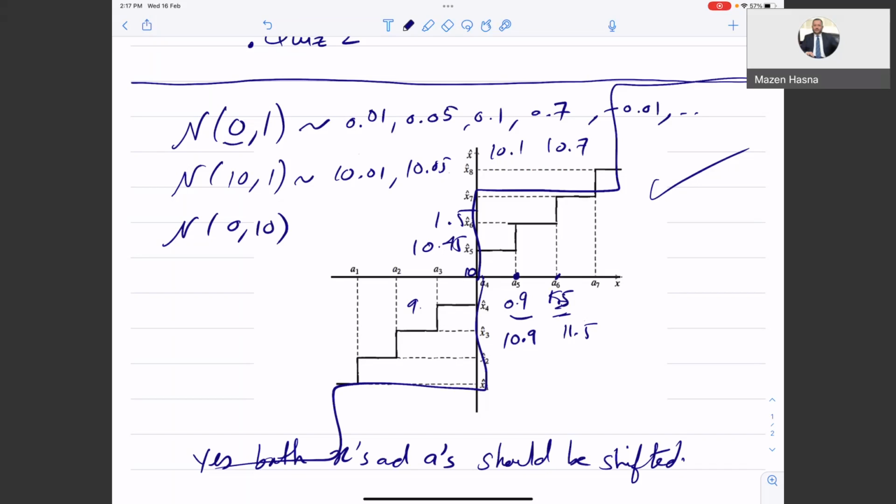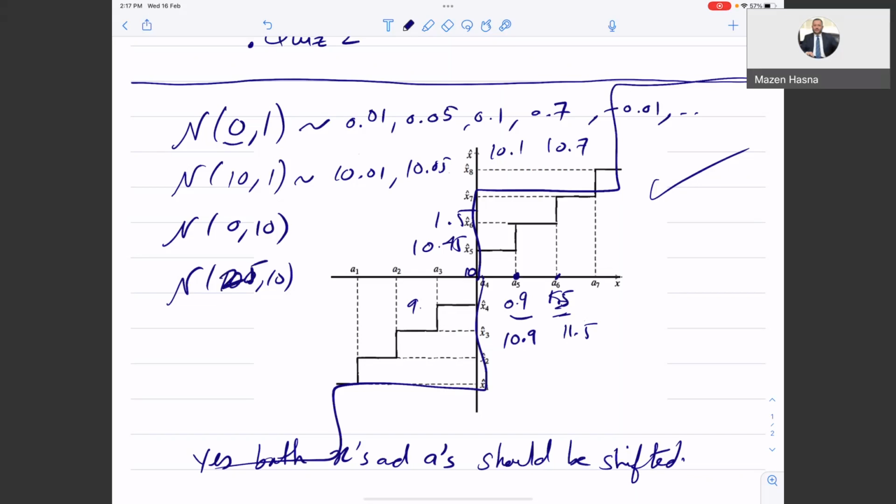If I have a Gaussian of 10 and 1, I'm using different numbers so we're not confused. Variance of Y equals A squared times variance.